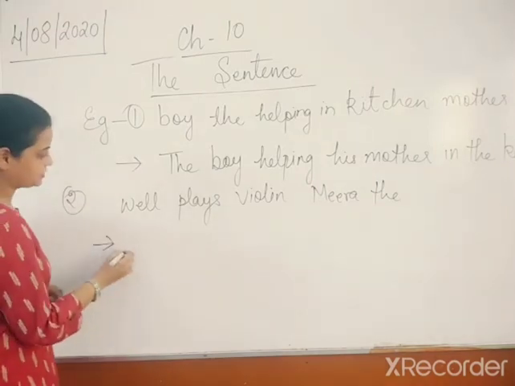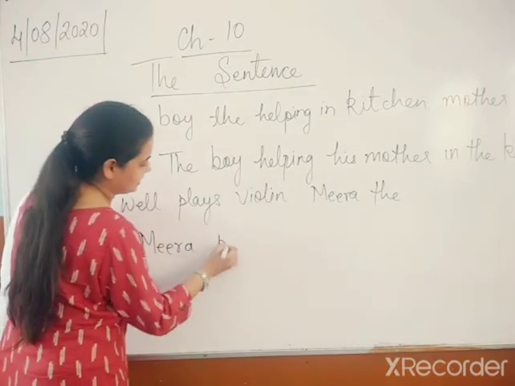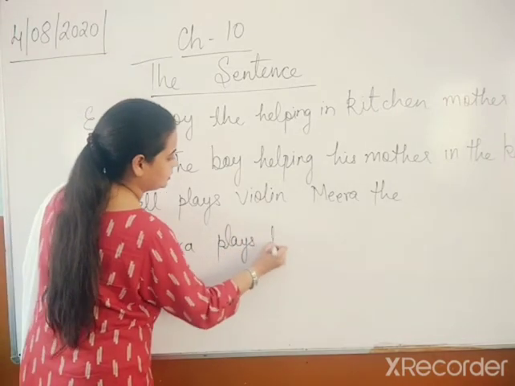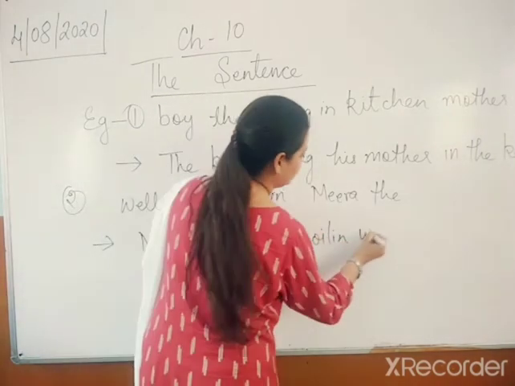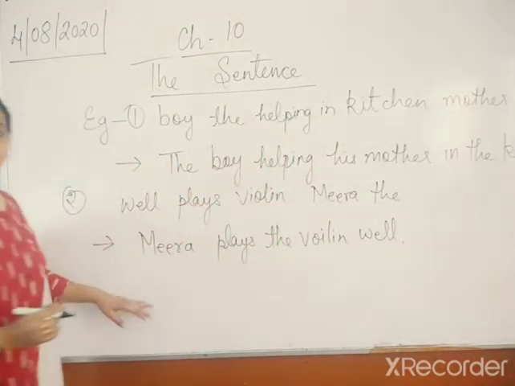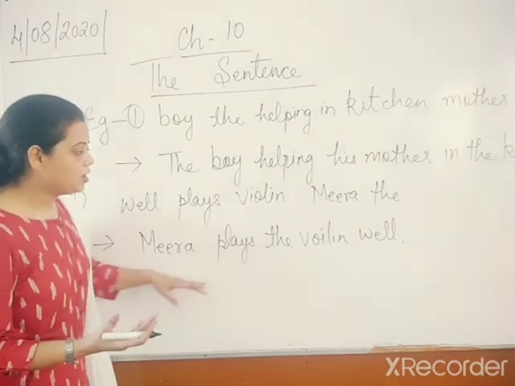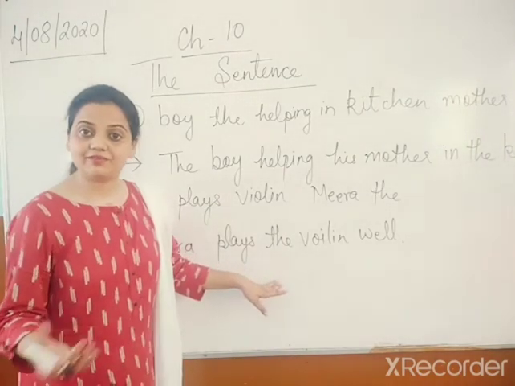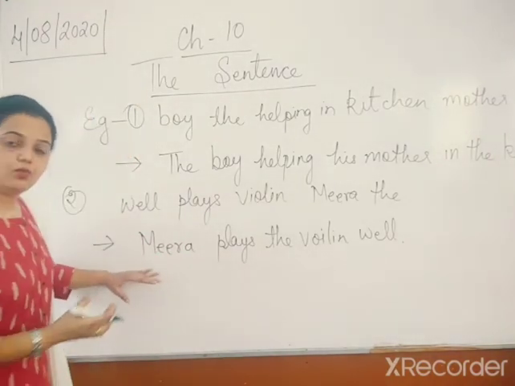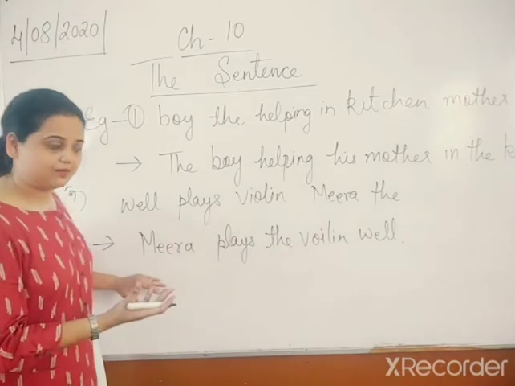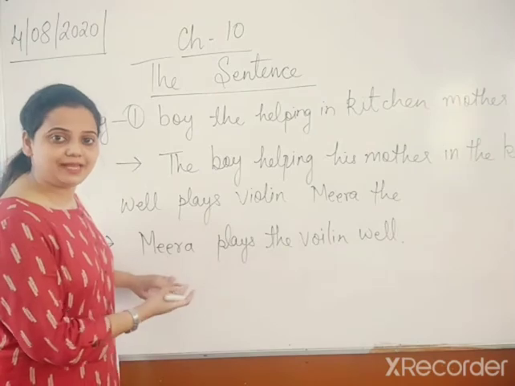But if I write that Mira plays the violin well, now this is making a meaning, this is making a sense that Mira is a girl who plays the violin very well, right? So a sentence like this, which has a proper meaning, is called a proper sentence. Clear? Because it has meaning in it.